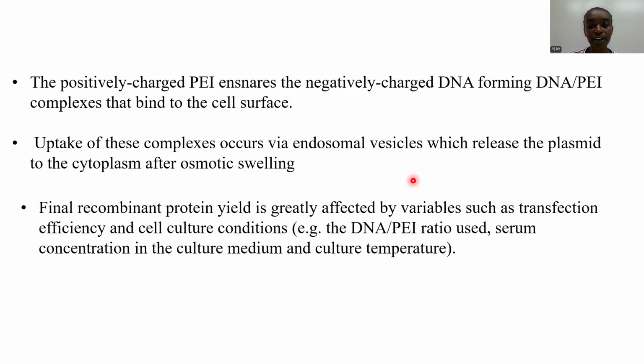So going forward, I'll discuss previous research and how they've optimized the experiment to enable us to better understand how the DNA-PEI ratio, the serum concentration, or the temperature of the incubator affects the production of the recombinant protein of interest that they were producing.